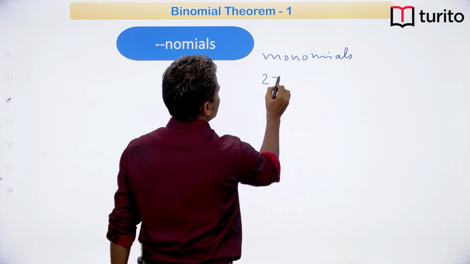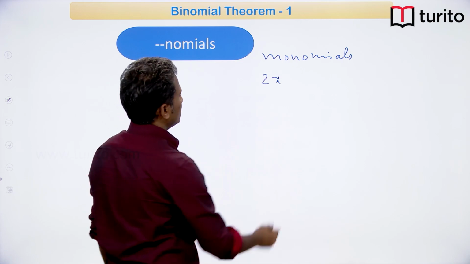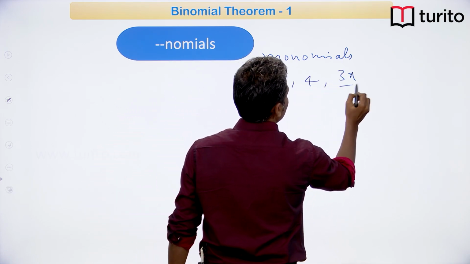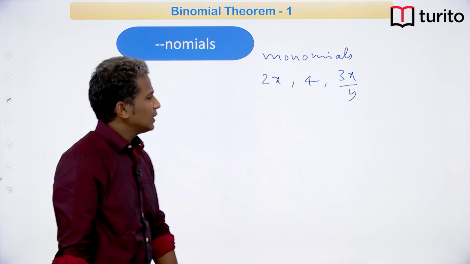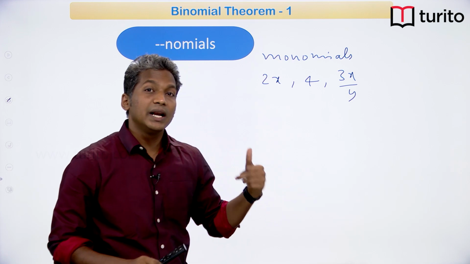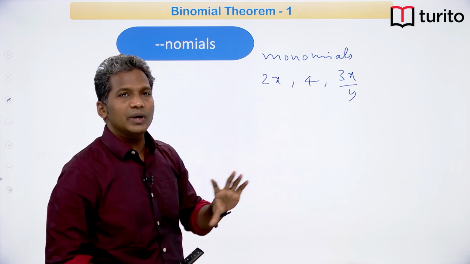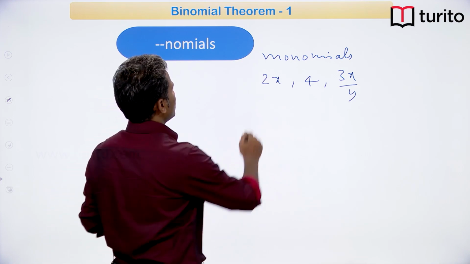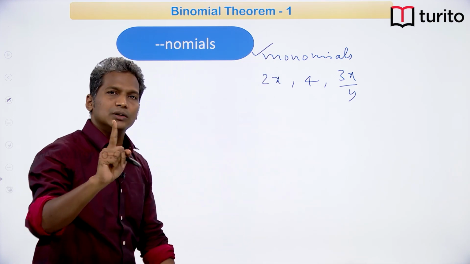For example, 2x is a monomial, the number 4 is a monomial, 3x by y is a monomial. The number of variables present need not affect the name. There can be any number of variables, there could be only a constant also. So, monomial means only one term involved.